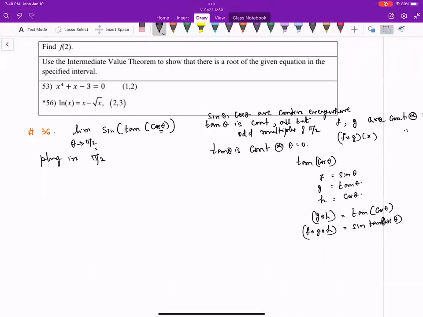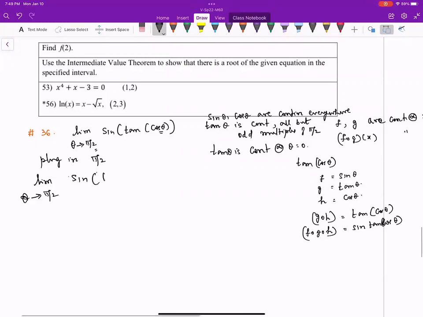So when we plug in pi by 2, the interior cosine of pi by 2 is 0, but tan of 0 does exist because it is continuous there. So plug in pi by 2 by using that theorem. So the limit as theta approaches pi by 2 of sine of tan of cosine theta would become sine of tan of cosine pi by 2.